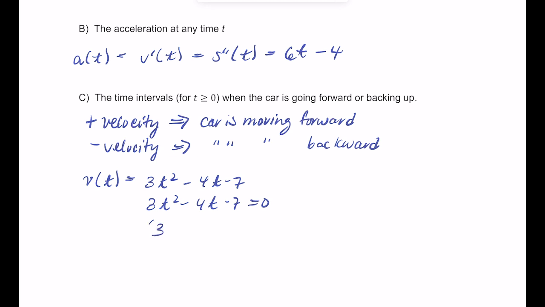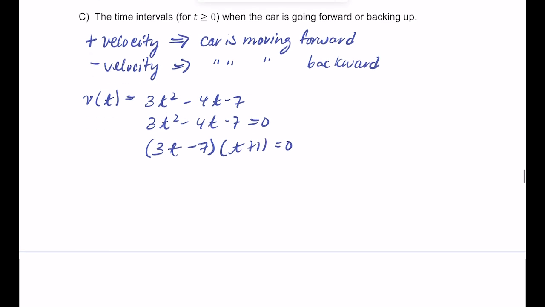This actually will factor into 3t minus 7 times t plus 1. Okay, now when I set these equal to 0, I get t equals 7/3 and t equals -1.